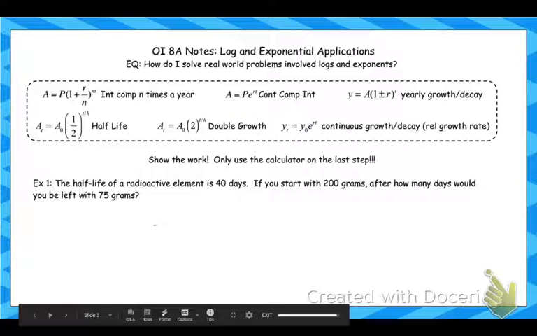With that second one, you're going to see some situations where our normal growth and decay equation doesn't really make the best sense. Typically, these problems will talk about something called a relative growth rate, or it may just say that it's compounding continuously.